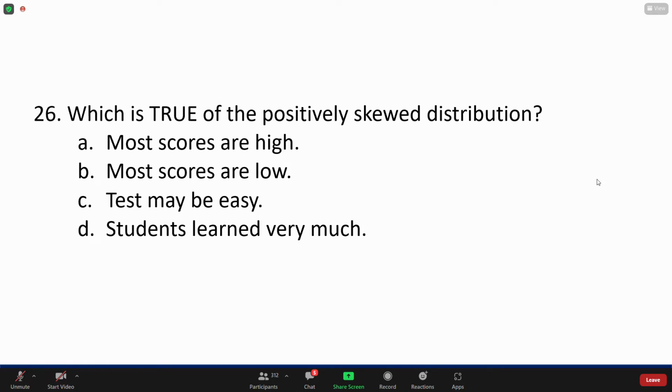Which is true of the positively skewed distribution? A. Most scores are high. B. Most scores are low. C. Tests may be easy. D. Students learned very much.